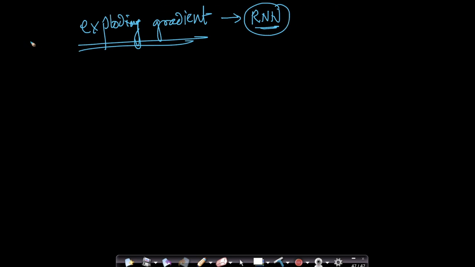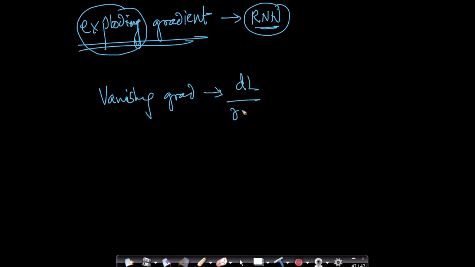But because we've anyway discussed vanishing gradient, we'll also discuss exploding gradient for completeness. So what is vanishing gradient? Vanishing gradient basically means that your derivative of L with respect to any weight becomes very, very small. This is the problem of vanishing gradient.